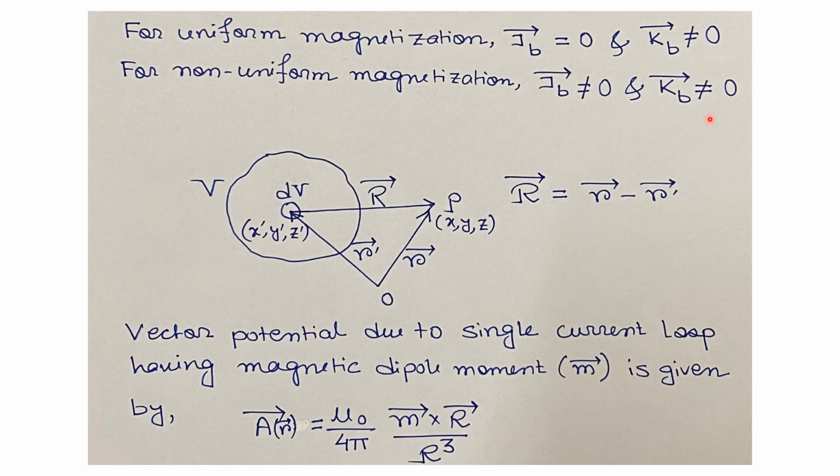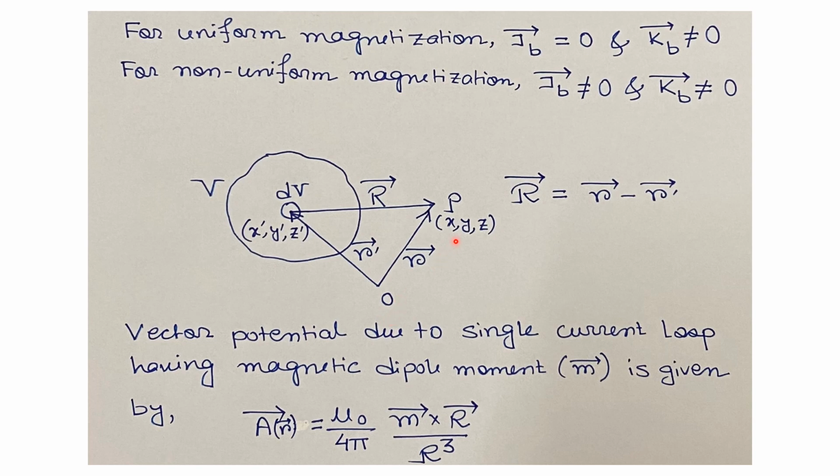Now, we'll try to relate these current densities Jb and Kb to the magnetization of the magnetized material. For this, we'll consider a magnetized material kept under an external magnetic field B, and the system will have volume V. Inside this system, we'll consider an elementary volume dV, whose coordinates are x', y', z' from the origin.